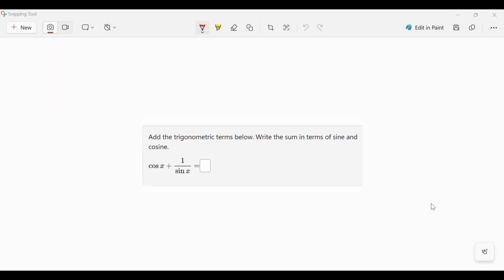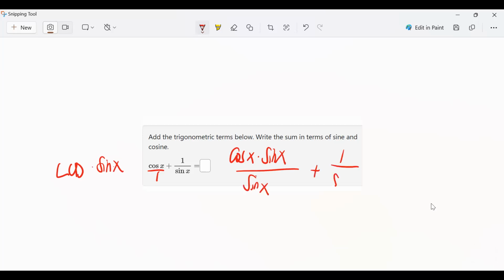All right, so we make a fraction here, with the LCD, the sum in terms of sine and cosine. So the LCD is sine x. Multiply sine x for the first term, then cosine x times sine x over sine x, plus 1 over sine x. Keep the sine x, so you get a cosine x and sine x. They want everything in terms of sine and cosine.